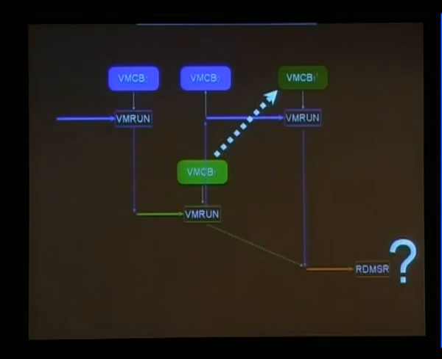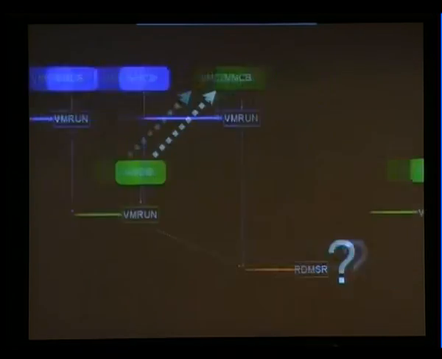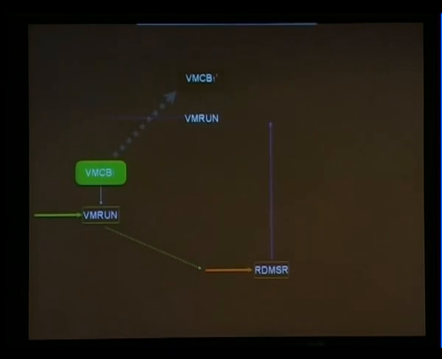And what should we do if this nested guest attempts to run the RDMSR instruction? So let's see what happens if this RDMSR instruction has to be intercepted by the nested hypervisor and, of course, by us. So how should we route this information about the interception? According to our scheme on one of the first slides, all the VM control blocks share the same privilege level.